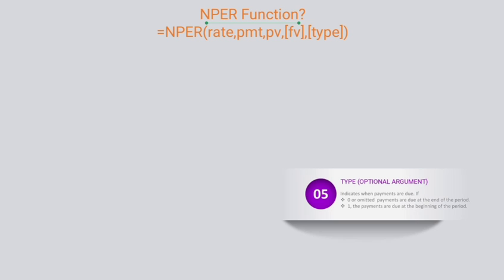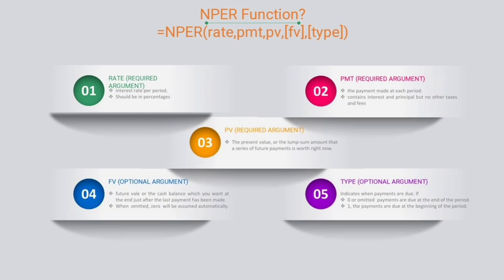If you don't put anything, it will assume the end of the period, which is the standard. So basically these are the arguments of this function. This function is very key to finding the period needed to achieve a certain investment goal. To demonstrate how this function works, let us add to.